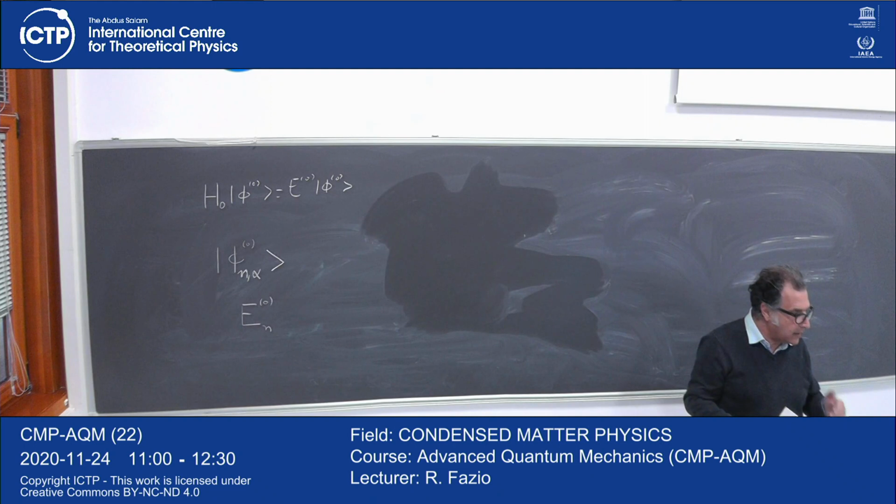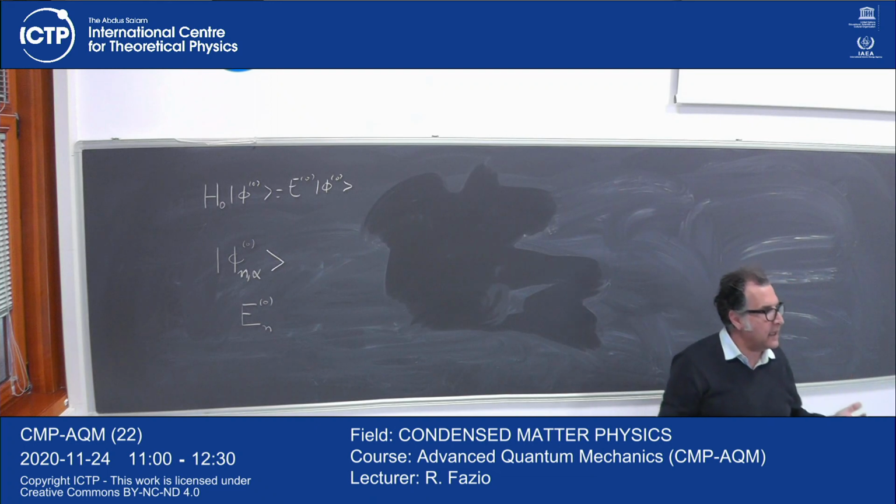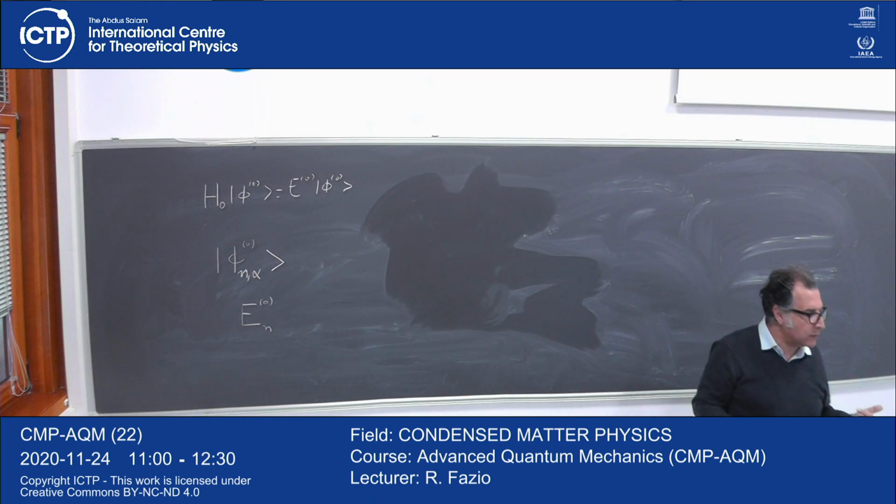But if you solve the simple hydrogen atom in the absence of external fields, you find out that the energy depends only on which quantum number. Question? What is the question again? In the hydrogen atom, the states are characterized by which quantum numbers?